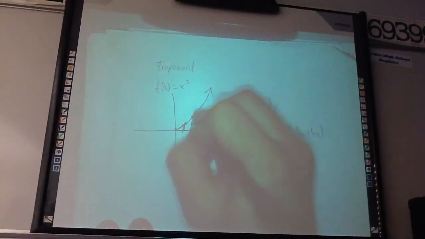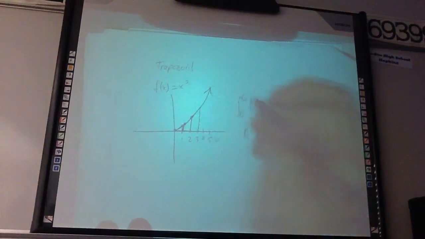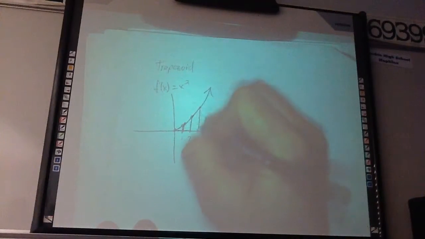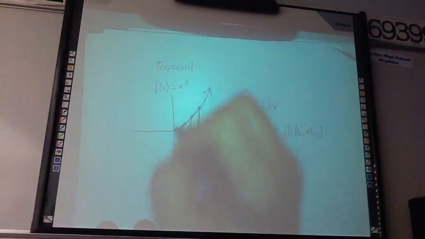We need to know the dimensions. The heights are all 1, so we just need the bases, which are the y values. Plug in 1 for x, you get 1, plug in 2 for x, you get 4.